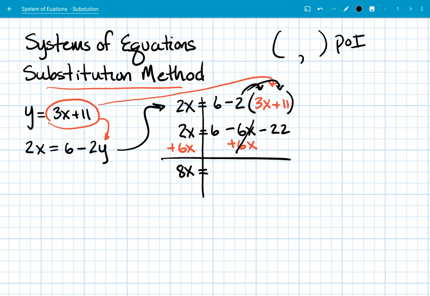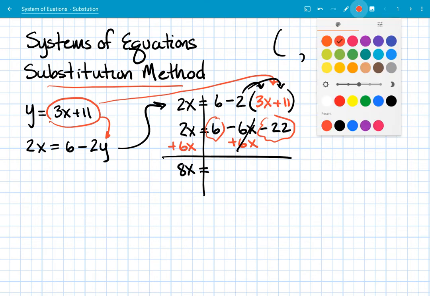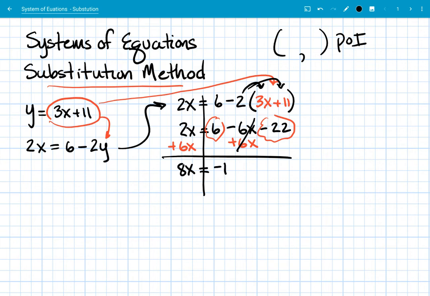And I probably should have combined these. So I need to look at those terms. I've got a +6 and a -22. And that's going to give me a -16. So if we divide, I'm going to end up with x equals -2.